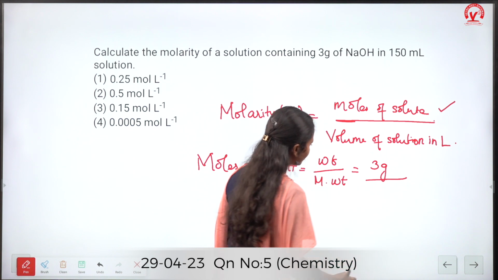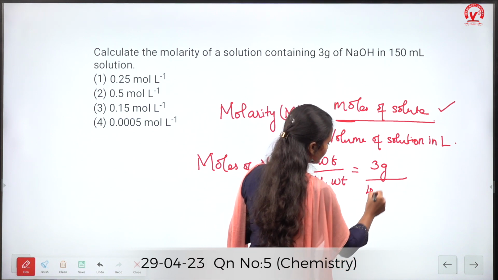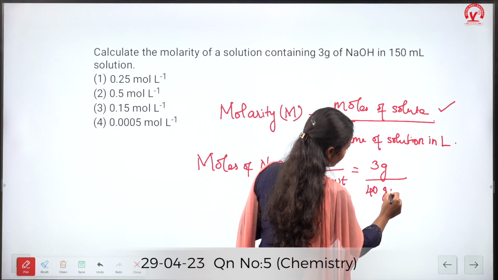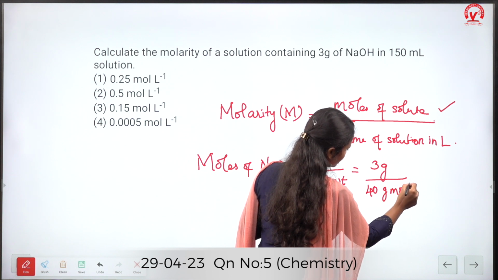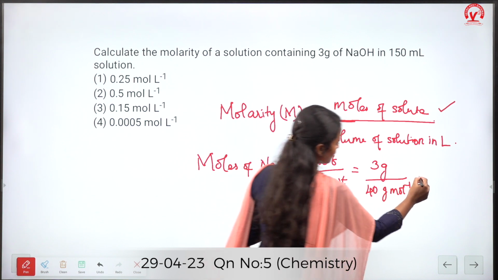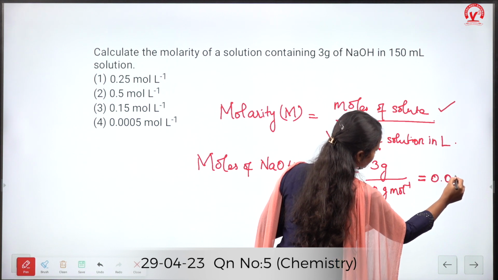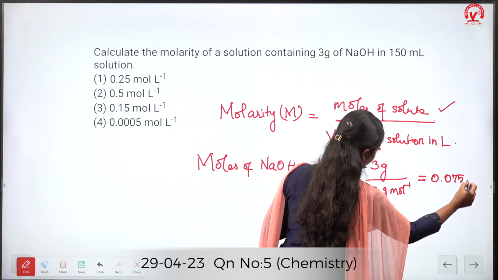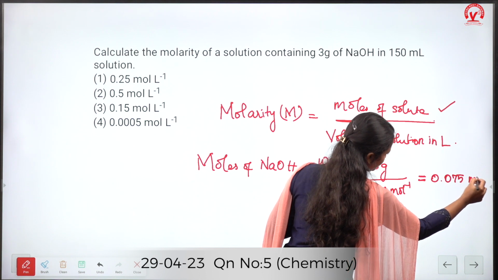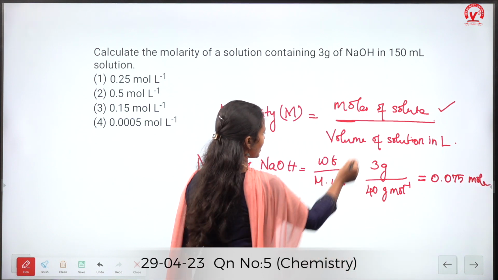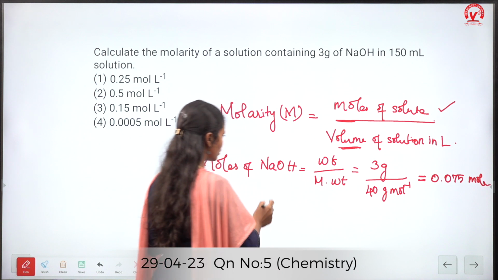The molecular weight is 40 gram per mole. So when we solve this, we get 0.075 mole.